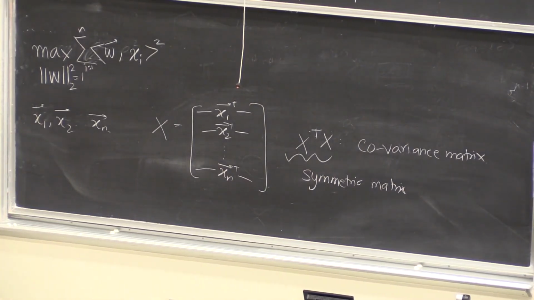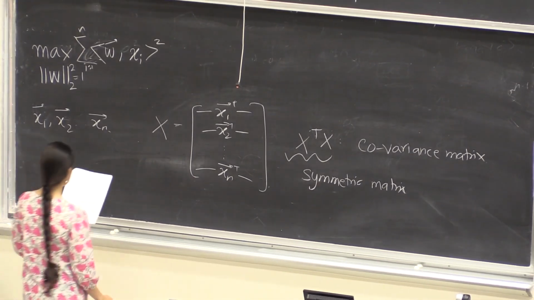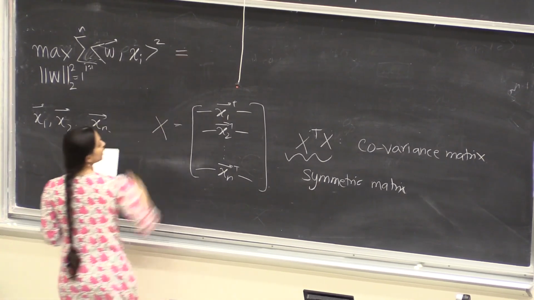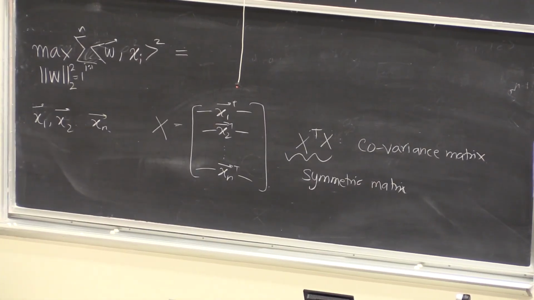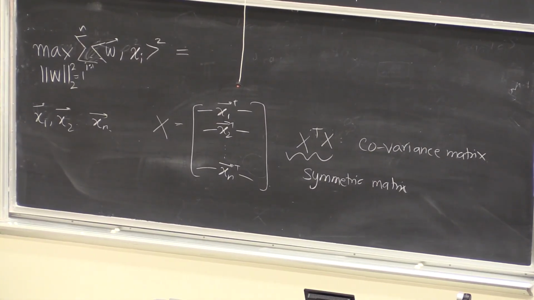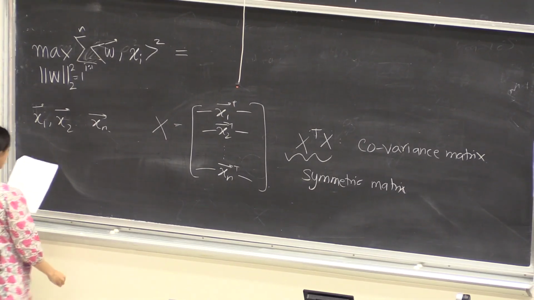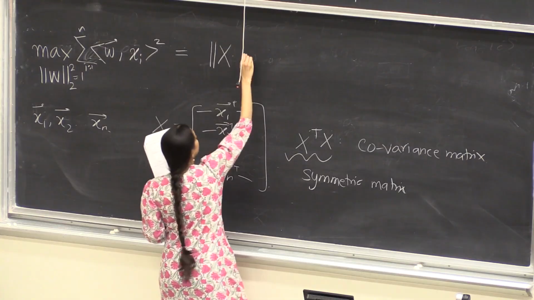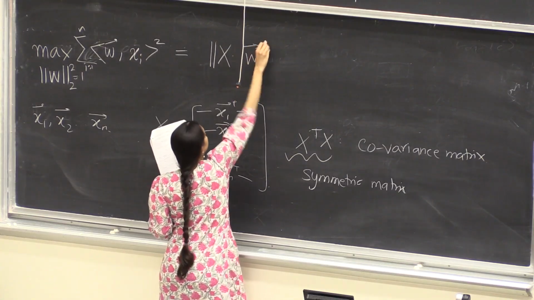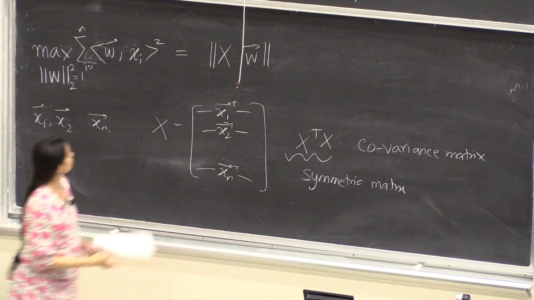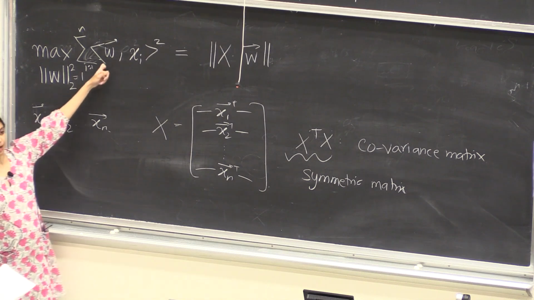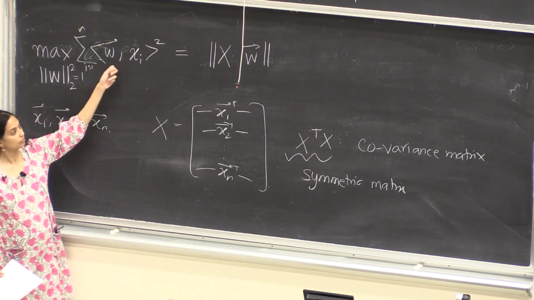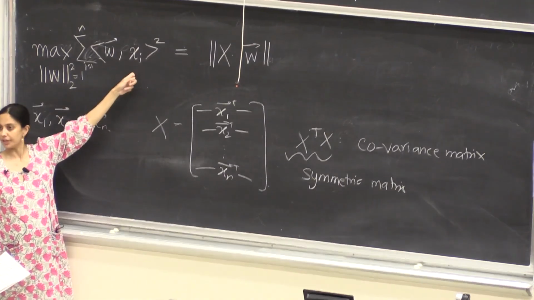Now if I think about this particular setup, I can rewrite it in a particular way. I'm basically taking the dot product of w with every single vector here.